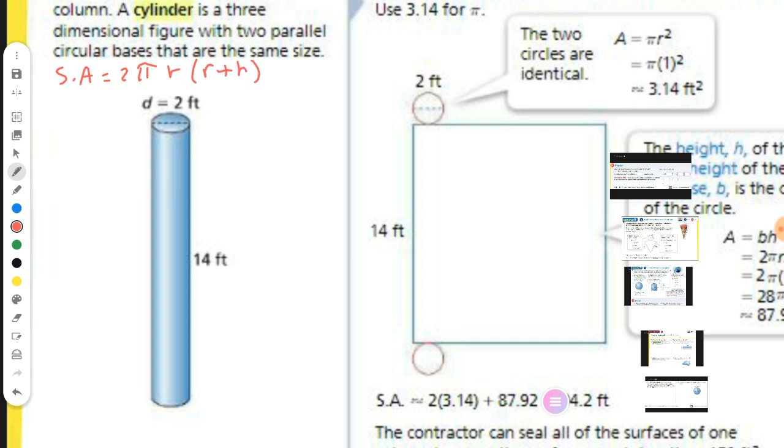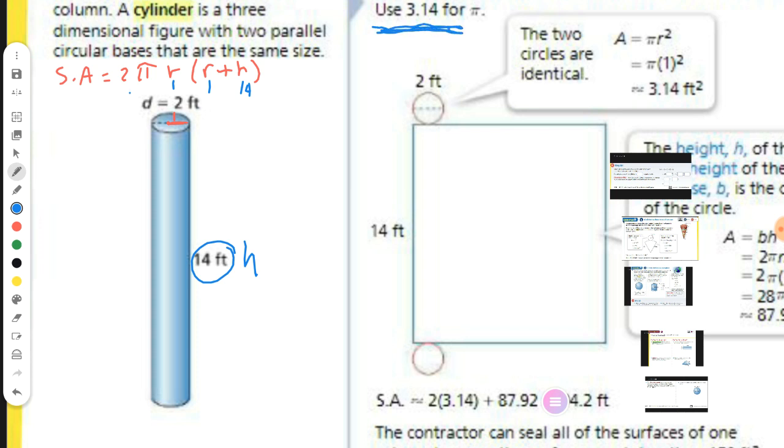What is r here? r is half the diameter, and the diameter here equals 2, so r equals 1. h is the height, so it's 14. He told me in the problem to use pi as 3.14.